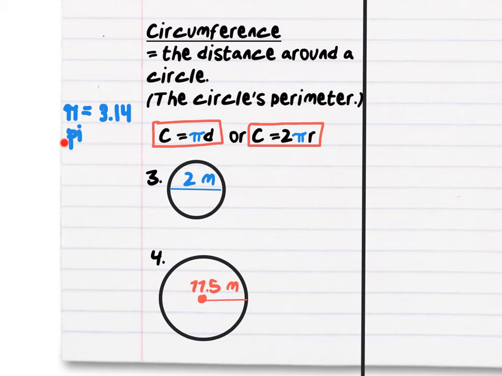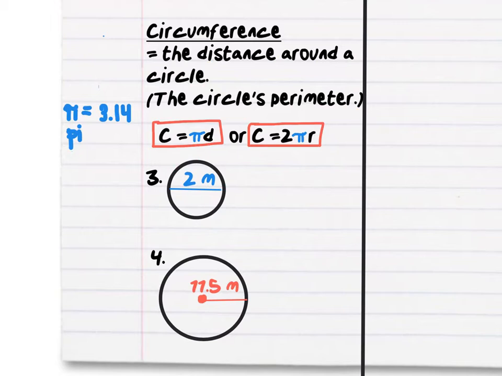So this is how you spell pi. It doesn't have an E at the end. And this ratio comes from the circumference divided by the diameter. So what they found out is anytime you measure a circle all the way around, and then you measure the diameter all the way across, you will get about 3.14. So that's where this number comes from.